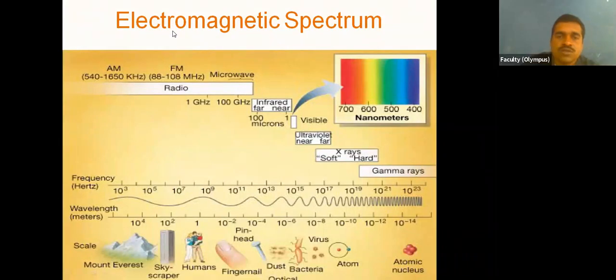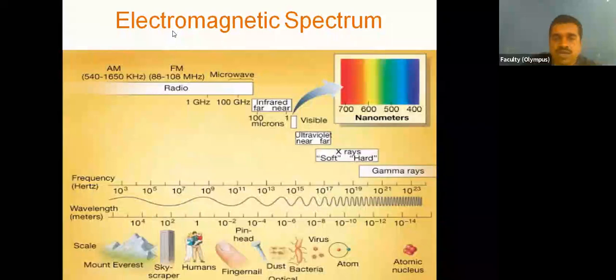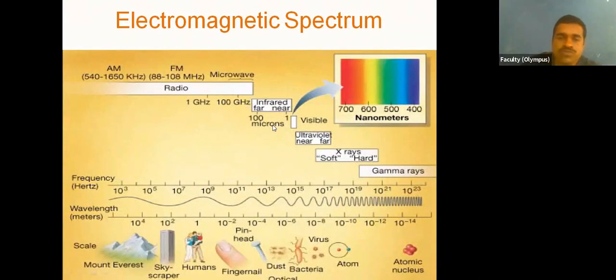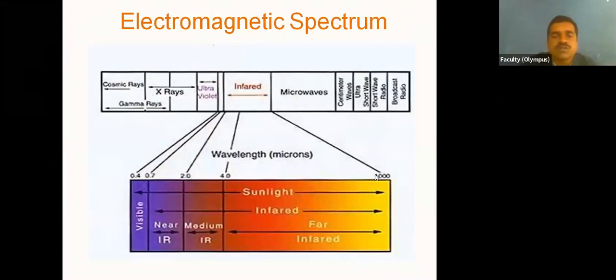This is the part of electromagnetic radiations from 1 micron to 100 microns wavelength. We may say this is the infrared region.